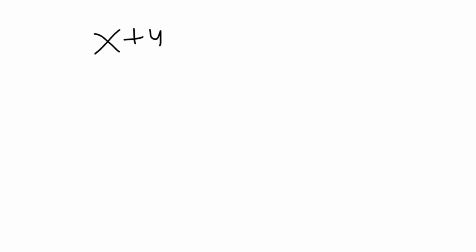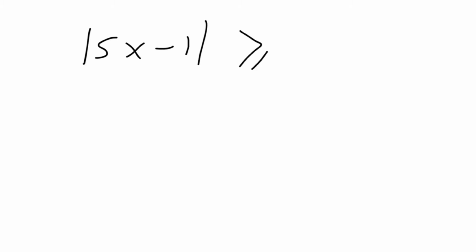It's not x plus 4, it's 5x minus 1 bigger than 5. Okay? Whatever is inside, which is in this case 5x minus 1 bigger than or equal to 5.